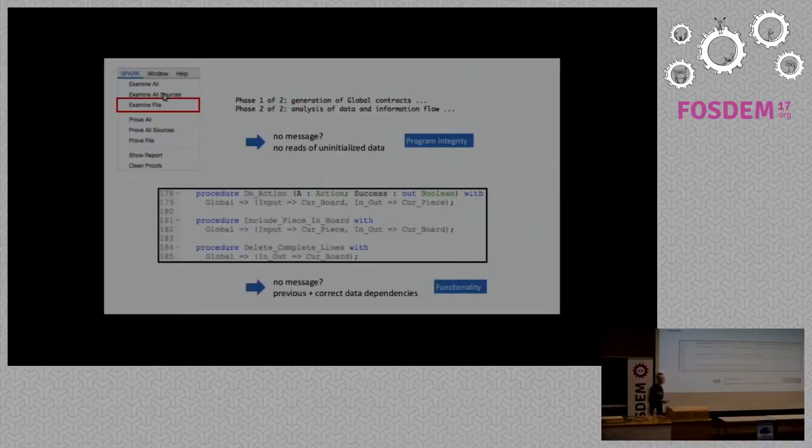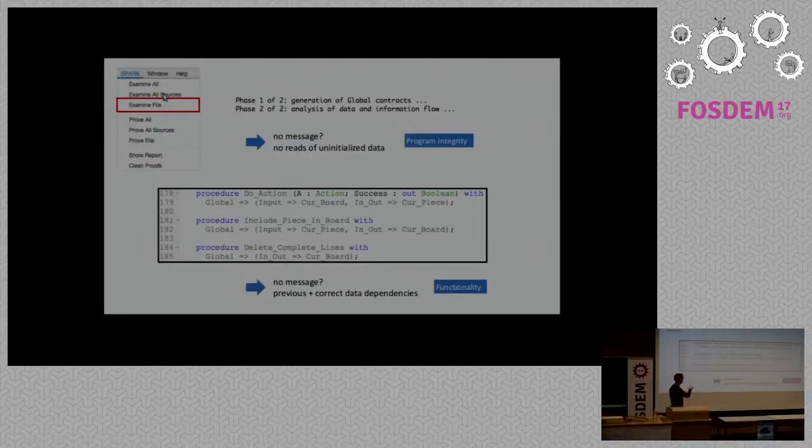So let's go further. Let's state the actual accesses to global variables in the API. So for example, the procedure DoAction will read the global variable that represents the board. It will read the current piece, and it may update the current piece because it will change its direction or its location.